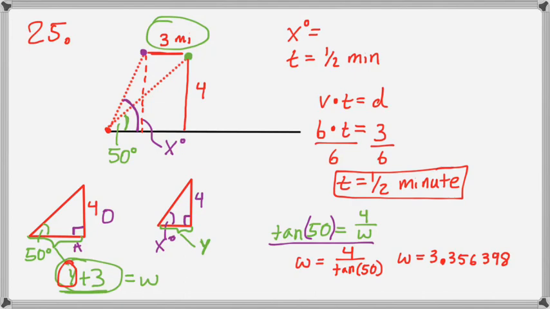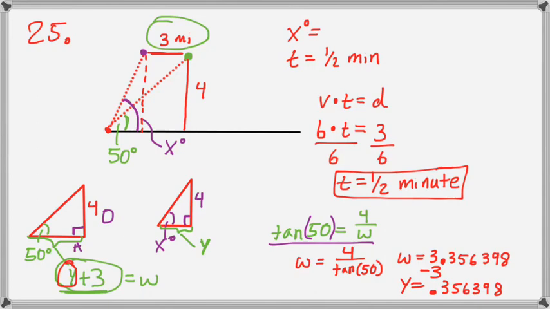Y plus 3 is equal to w, so we need to subtract 3 from this. So y will be equal to 0.35639, approximately. I know that I'm rounding before I'm supposed to, but I'm just doing this for demonstration purposes.